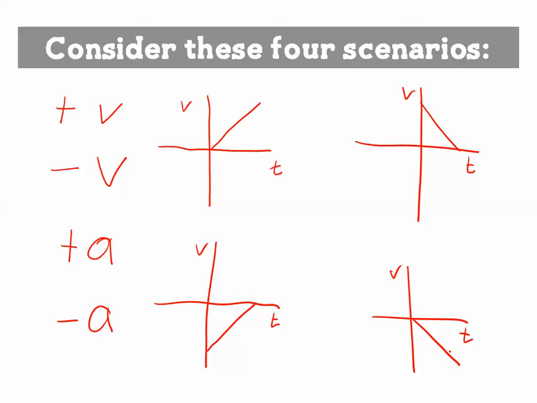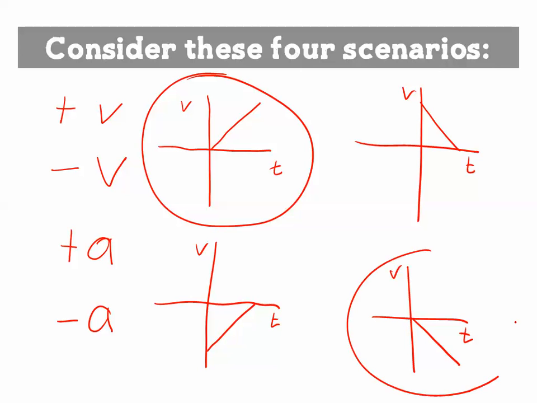So in my signs for velocity, notice that in this example and in this example, the speed is increasing. The magnitude of my velocity is increasing. Because in this example, it's getting more positive. In this example, it's getting more negative, but the number itself is getting bigger.